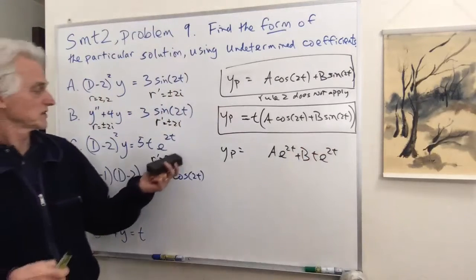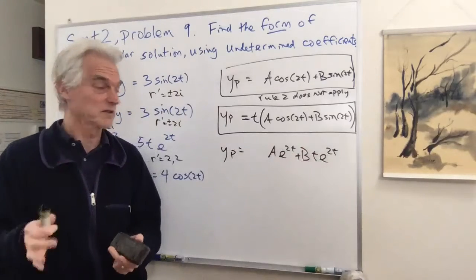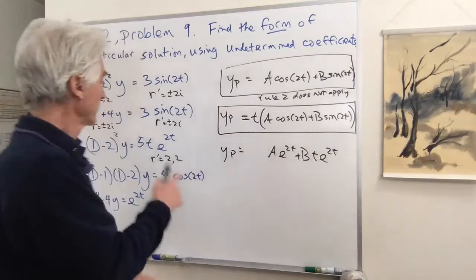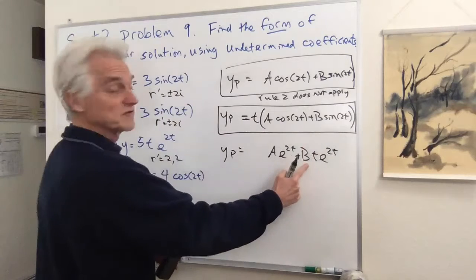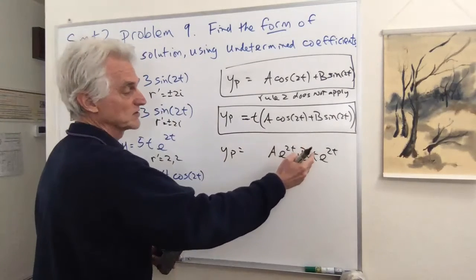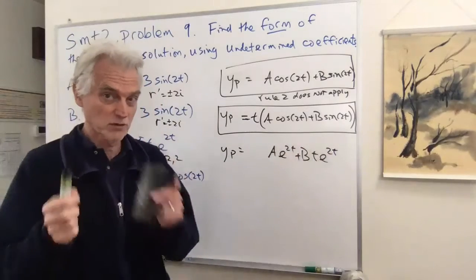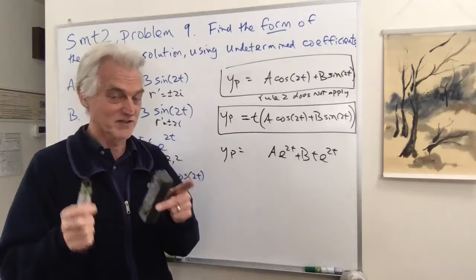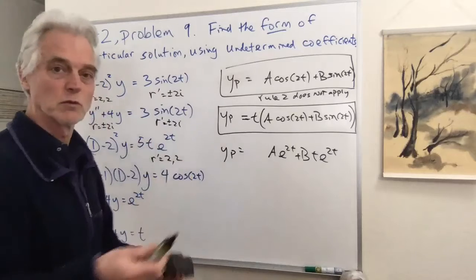If I get a solution that looks like 5t e to the 2t to a linear homogeneous ODE with constant coefficients, the roots would be r prime, which is 2 and 2. And if that was a solution, I'd have to have, in other words, A equals 0, B equals 5. I could also get a solution like 3e to the 2t plus 7t e to the 2t, right? So that is the general solution of a linear homogeneous ODE with constant coefficients that includes 5t e to the 2t, right? That's rule 1.